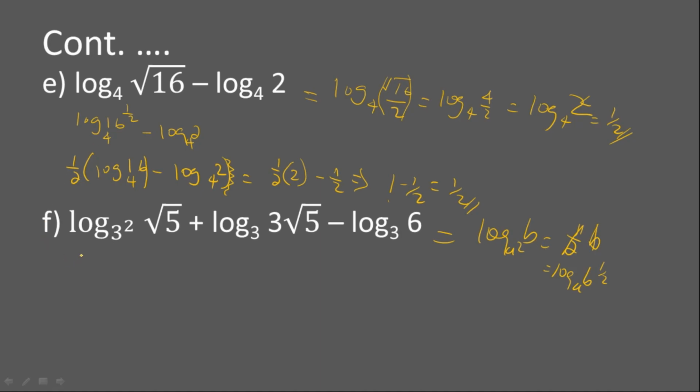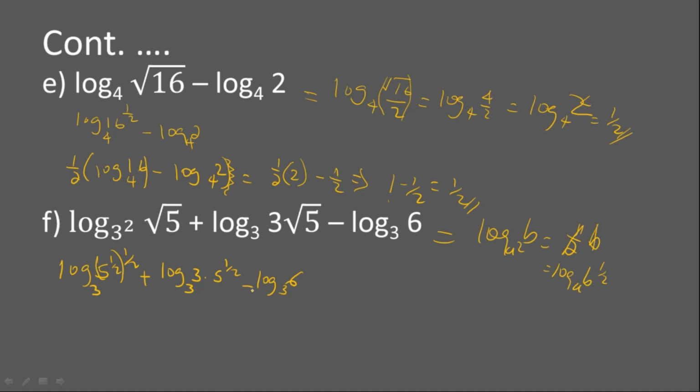So this means we can write log 5 to the power of 1 over 2, with the whole to the power of 1 over 2, derived from this one, to the base 3, plus the logarithm of 3 times 5 to the power of 1 over 2 to the base 3, minus the logarithm of 6 to the base 3.